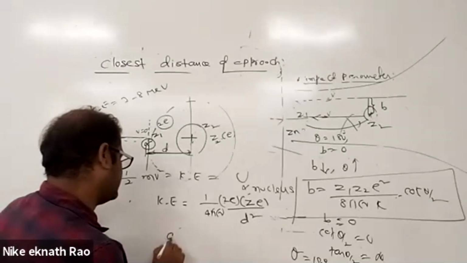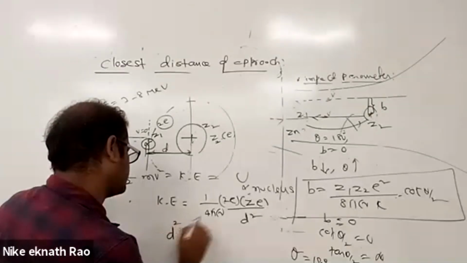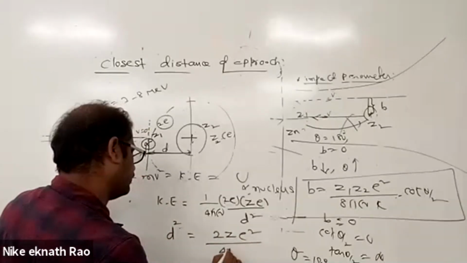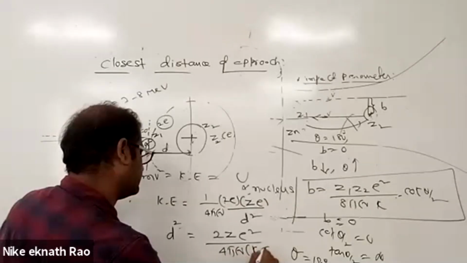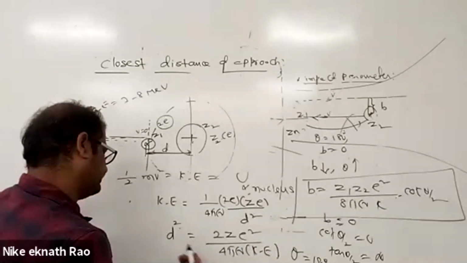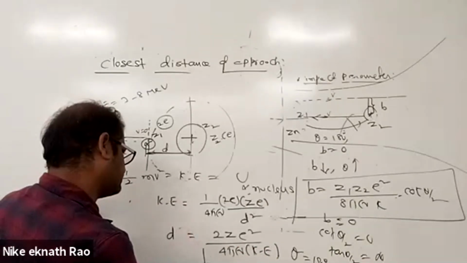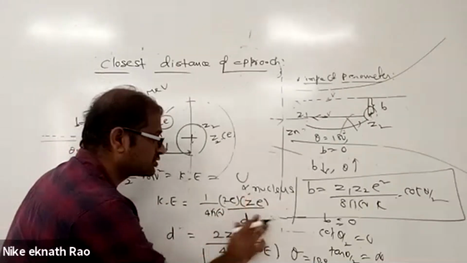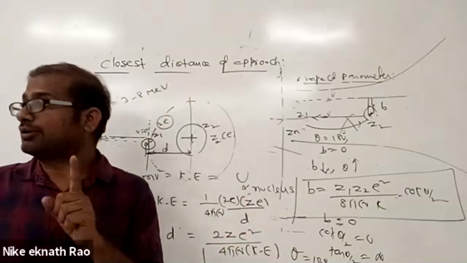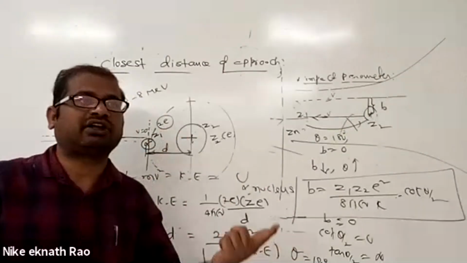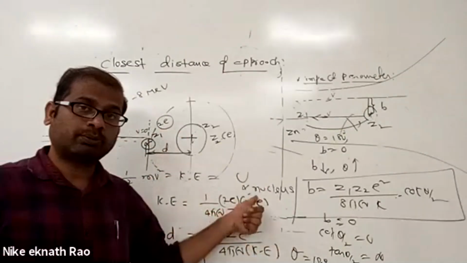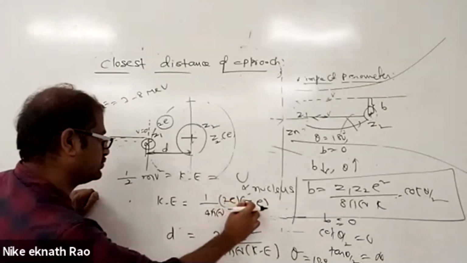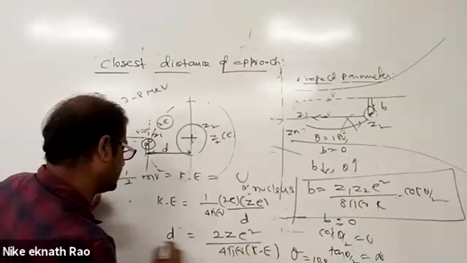Sorry, it is 1 by 4 pi epsilon naught Q1 Q2 by r only. Potential energy goes as r; force goes as r square. Don't make this mistake like me. Therefore d equals 2Ze square by 4 pi epsilon naught times the kinetic energy.